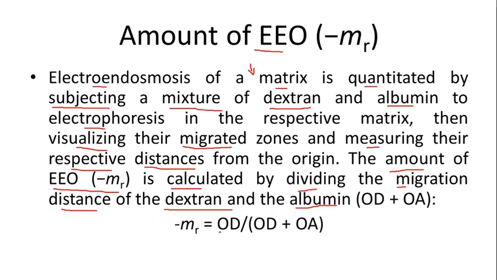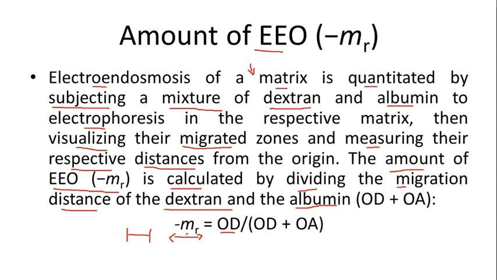Once again, we take the migration distance of dextran divided by the sum of the migration of dextran plus the migration of albumin. So finally we get the relative electroendosmosis of the gel.